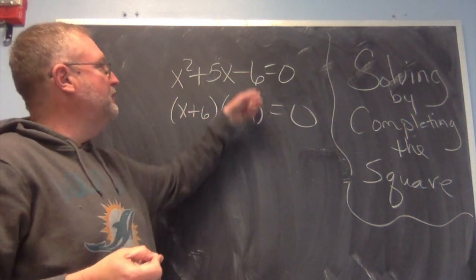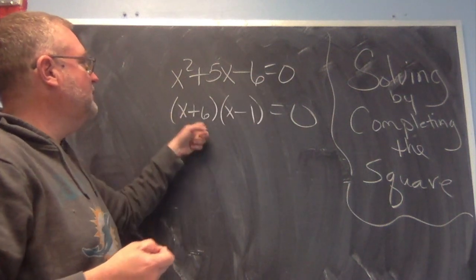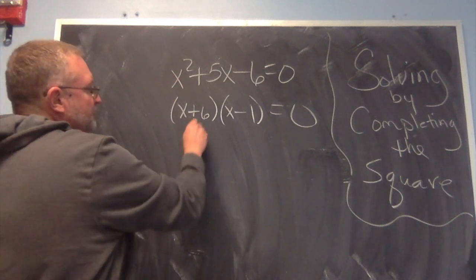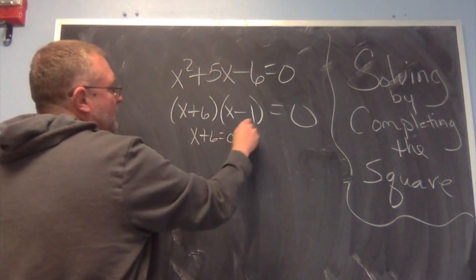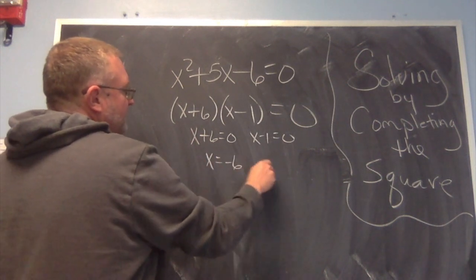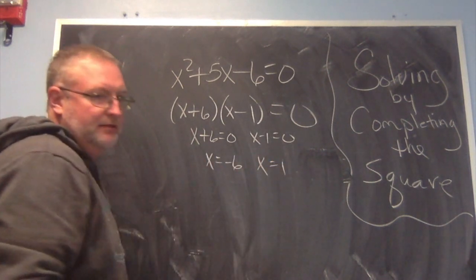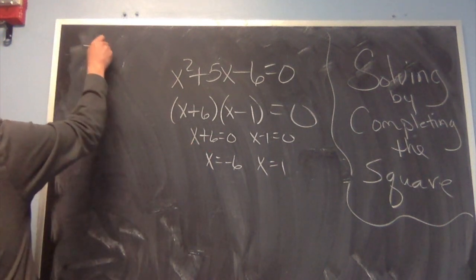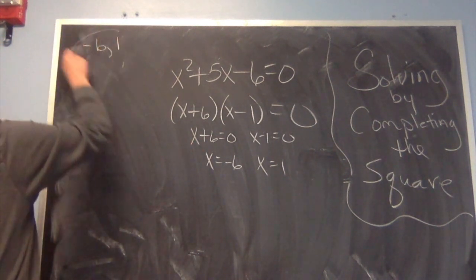Because 6 times negative 1 is negative 6. Negative 1x plus 6x is 5x. Then, using the 0 property, I'd have x plus 6 equals 0, x minus 1 equals 0. So x is going to equal negative 6, and x is going to equal 1. Remember that. I'm going to write it up here. So we have negative 6 and 1.